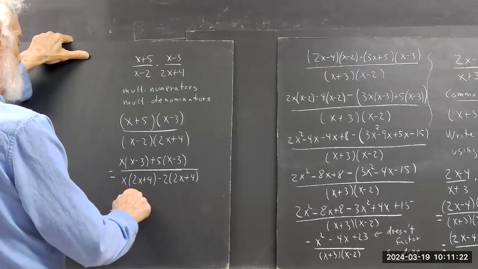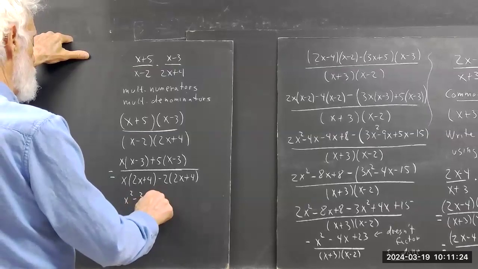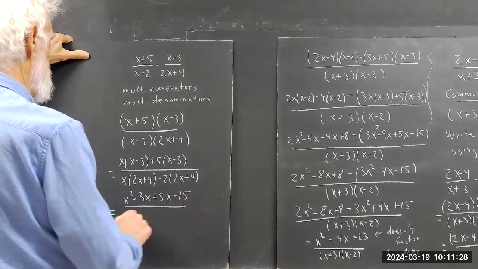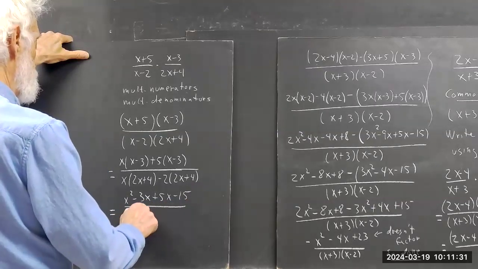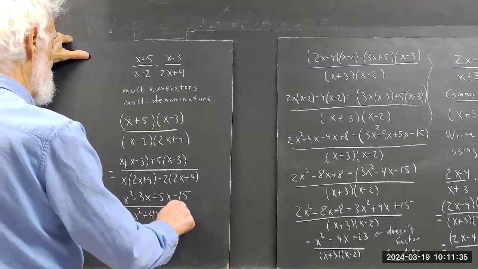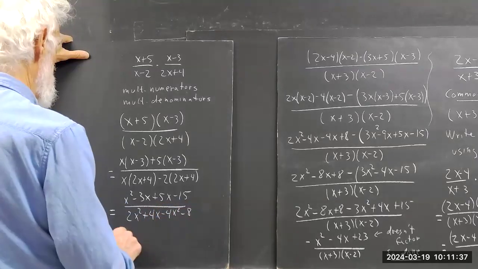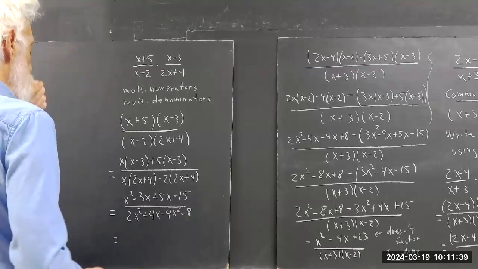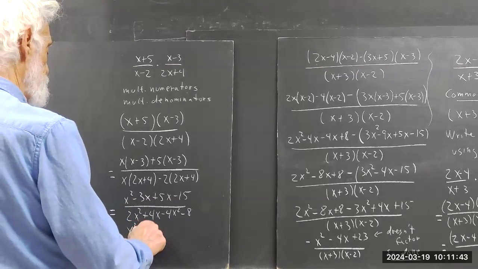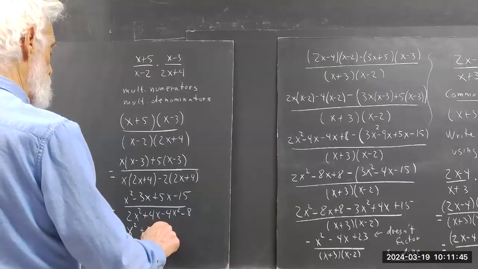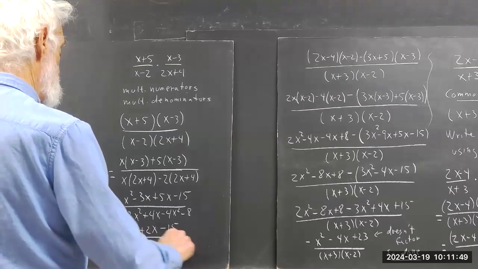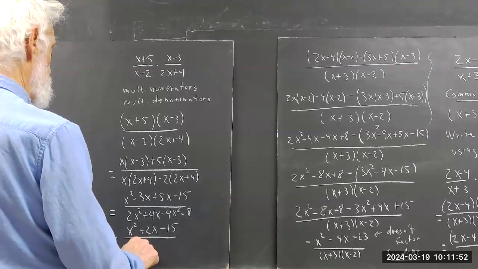which gives us x squared minus 3x plus 5x minus 15 over 2x squared plus 4x minus 4x squared minus 8. And that's going to be then x squared plus 2x minus 15 divided by 2x squared.